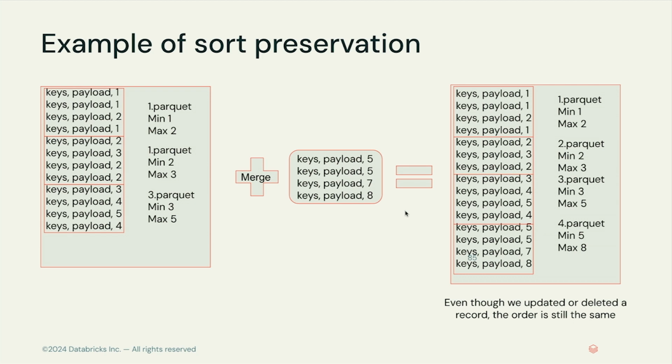We merge in some new data, and the output looks somewhat like it did on the input with the updated records. It's really cool because Delta applies this whenever there's DML commands, and it does a really good job of keeping your data in good shape. So when you're working with Delta tables, you don't always have to keep running maintenance commands every time you do a DML update, because we do a really good job of keeping the data in the order that you already have it.